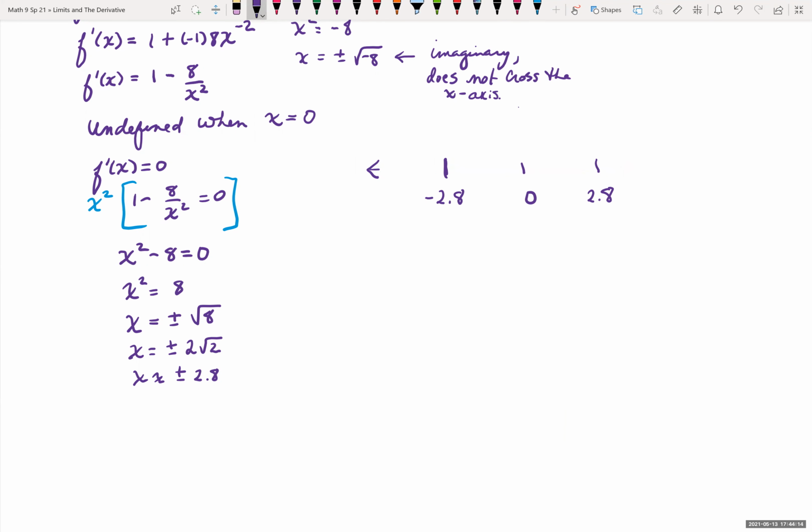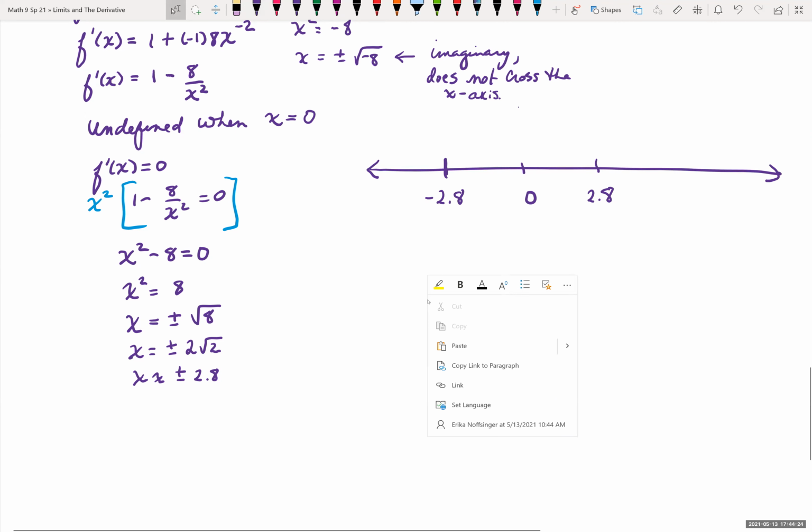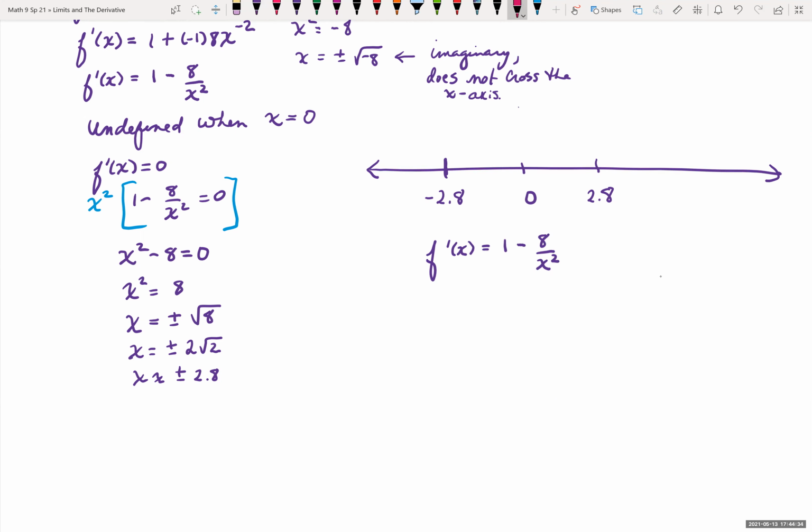And so let's test. Let's say we put in x equals -3, anything to the left of -2.8. I plug that into my derivative, I get f prime of -3 is equal to 1 minus 8 all over -3 squared.